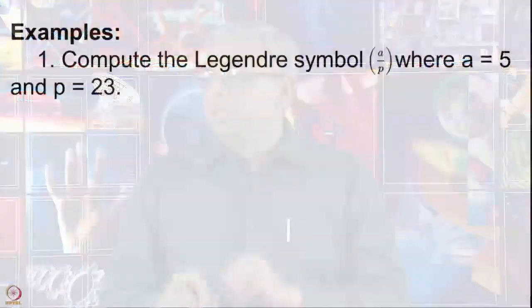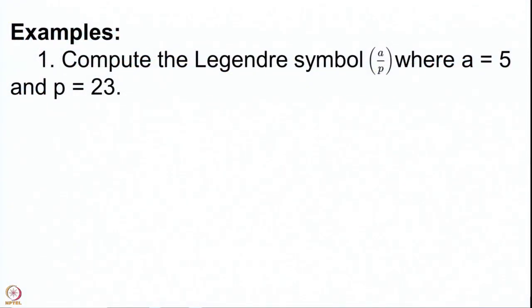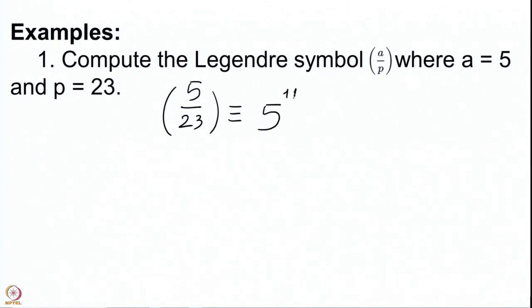Let us say that we want to compute this Legendre symbol a by p where a is 5 and p is 23, the same thing that I had told you about earlier. This Legendre symbol we know is 5 power 11 modulo 23.